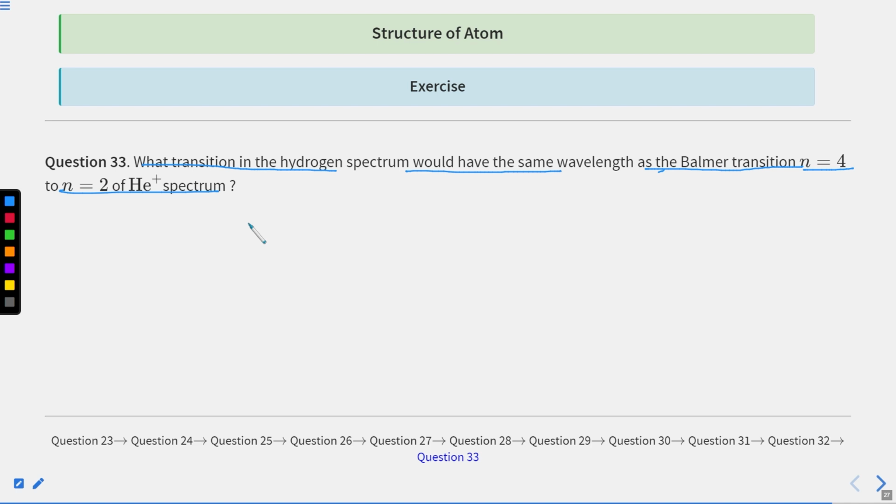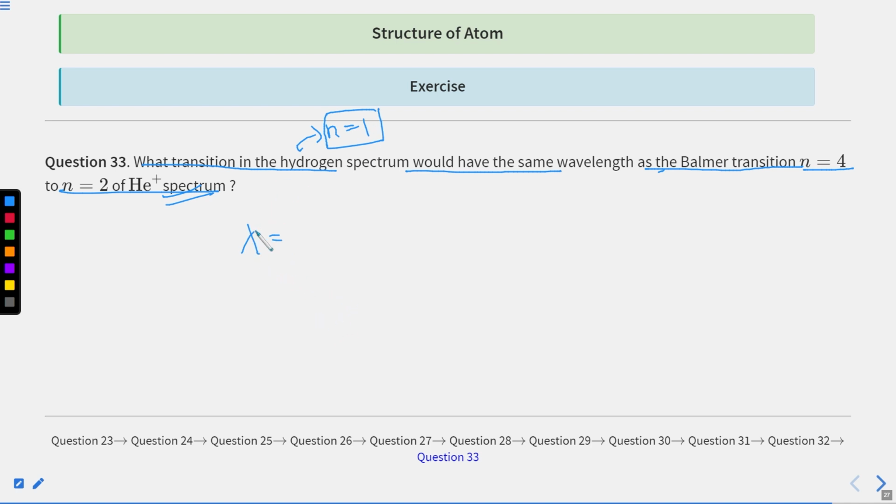So you have to find the wavelength associated with this. Now for hydrogen, the final orbit will be fixed, that is 1 always, because the ground state is 1 for hydrogen.